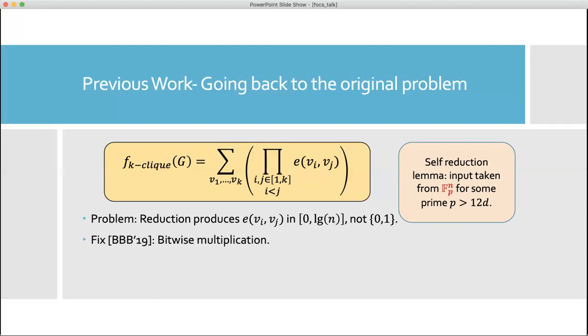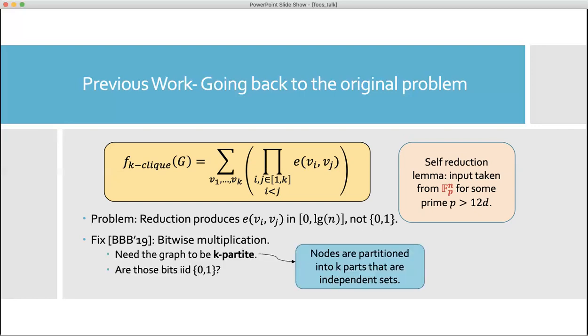As I mentioned before, BBB gives a nice fix to this problem using a bit manipulation idea. What they do is produce many KClick counting instances from this multi-edge instance, such that in each instance, they only consider 1 bit of each of these variables, E of Vi and Vj, so that now they have a 0-1 input. But there are two things to consider here in order for this idea to work.